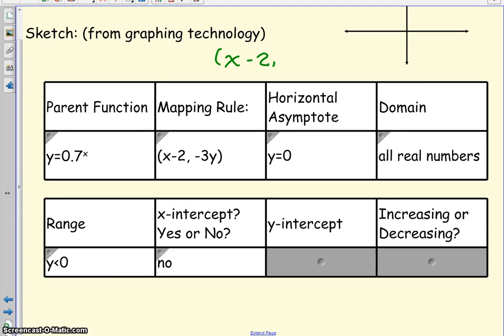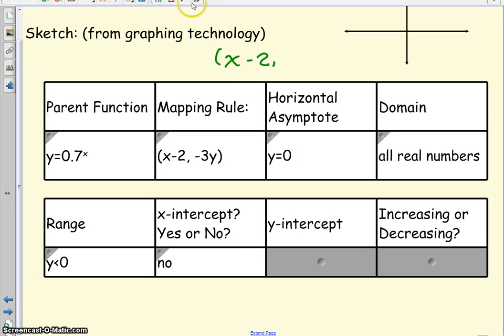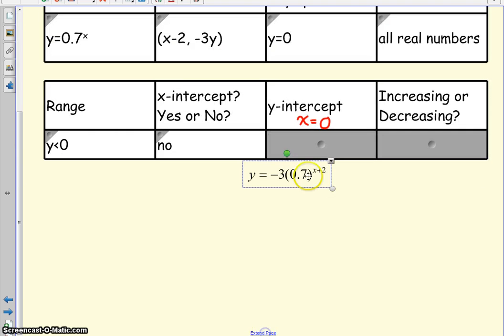For the y-intercept, you can see it on the graph if you look for it. You can see it's at about negative 1.47. But remember, we can always calculate it because it means that x is equal to 0. Okay, so if we were to take our function right down here and replace x with 0, we should be able to calculate it.